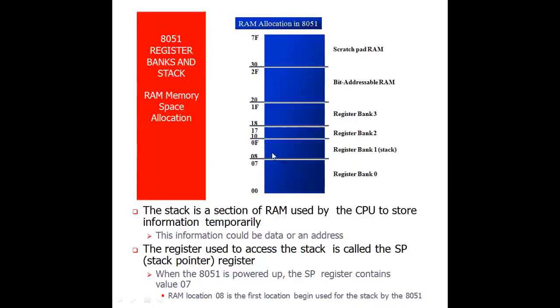After another push instruction, another stack-related operation, the stack pointer will be incremented by 1. So 08 to 09, then 0A, like that. That is the common conflict between the 8085 microprocessor and the 8051 microcontroller. This concept was delivered in lesson 2.